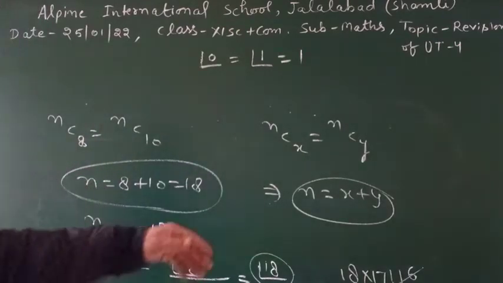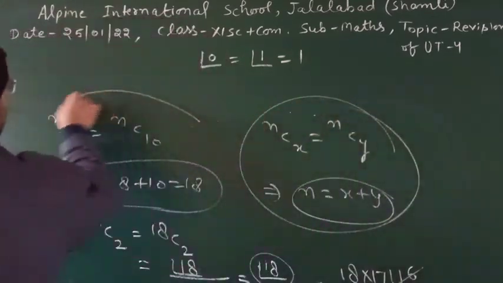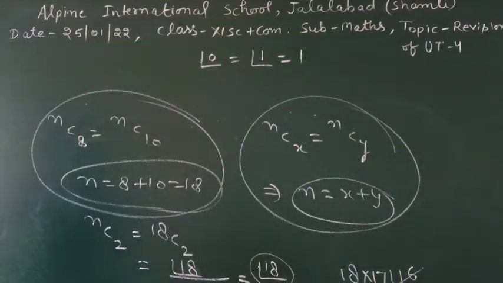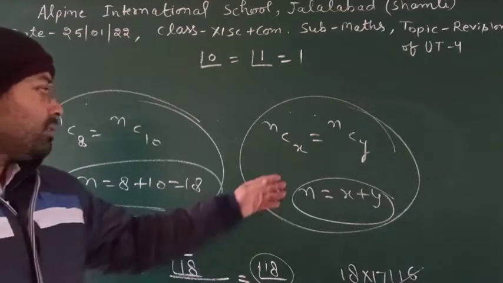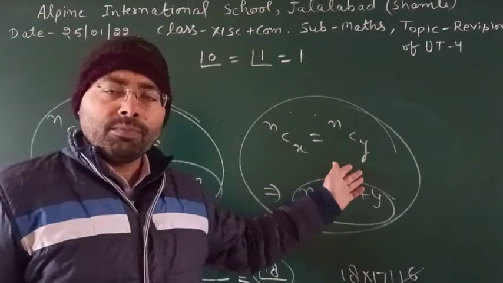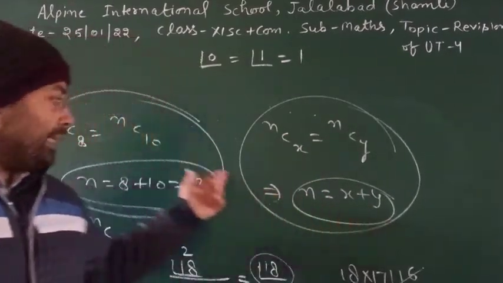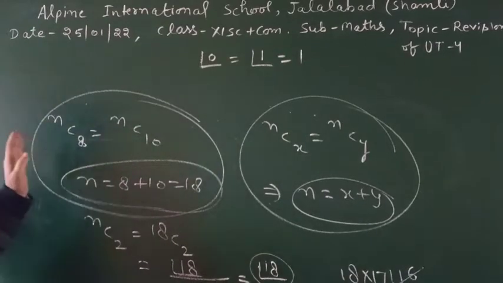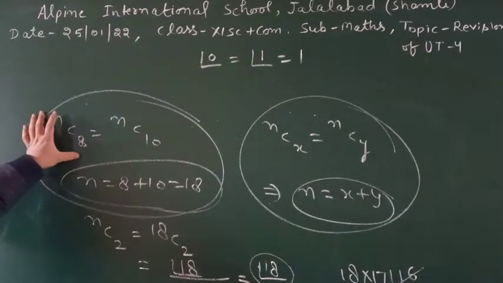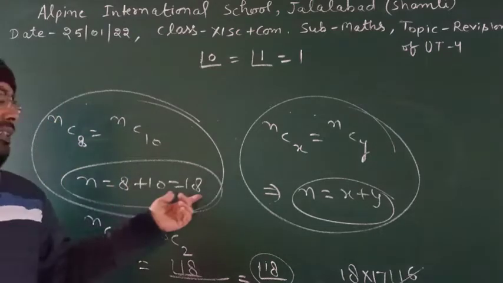So by using this concept we can find the value of such a typical question. So remember this always: if nCx is equal to nCy, then n will be equal to x plus y. You can observe in this question that we have nC8 is equal to nC10. So n is equal to 8 plus 10, which means 18.